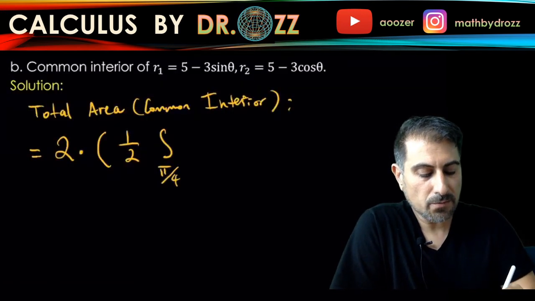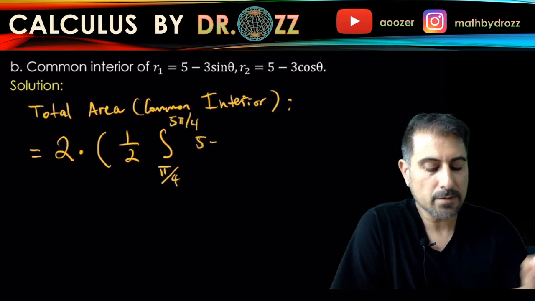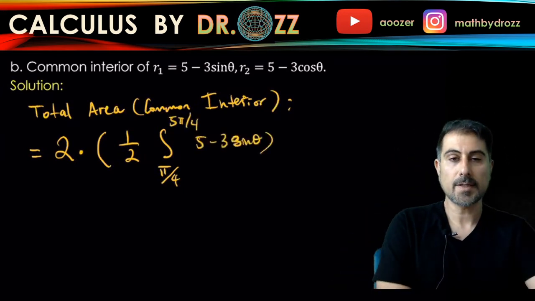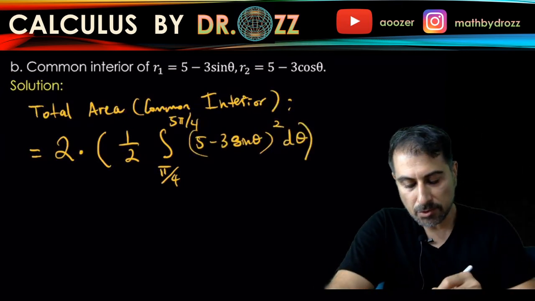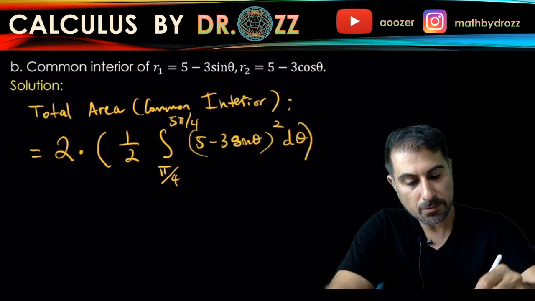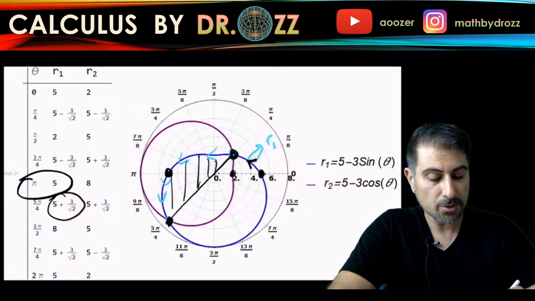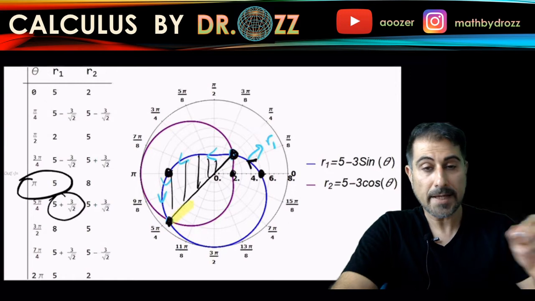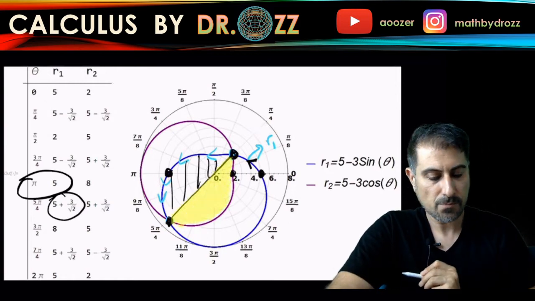R1 squared, so (5 minus 3 sine theta) squared d theta. The reason I multiplied by 2 is because I have another portion of the common interior right here, that region, and this is identical to what I'm calculating, so that's why I multiplied by 2.